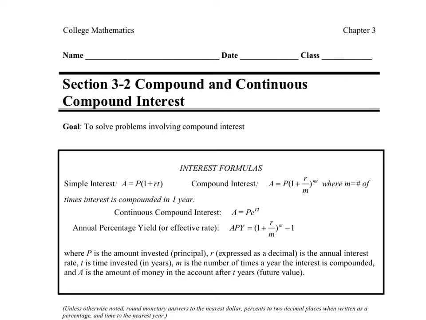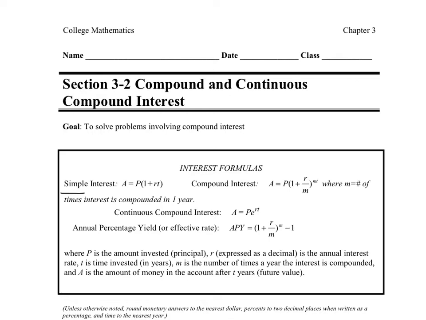We've already covered simple interest back in lesson 3-1. But when we are looking at compound interest, that simply means that we're going to earn interest over a certain interval. It doesn't have to be a year.